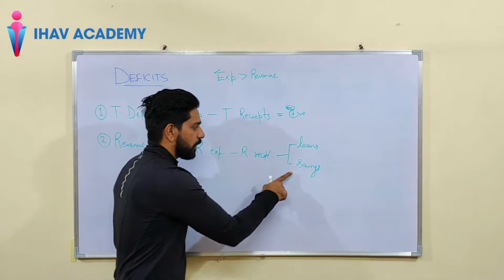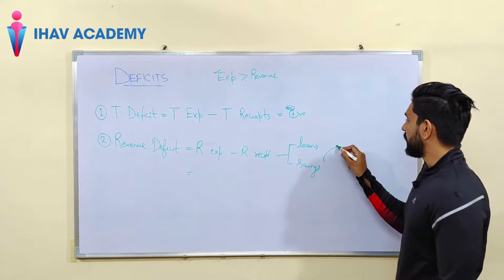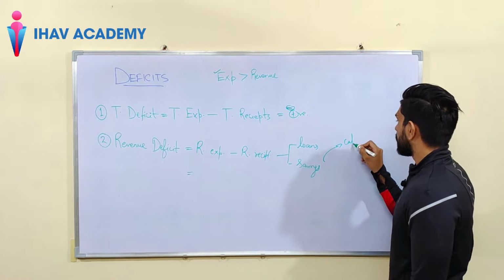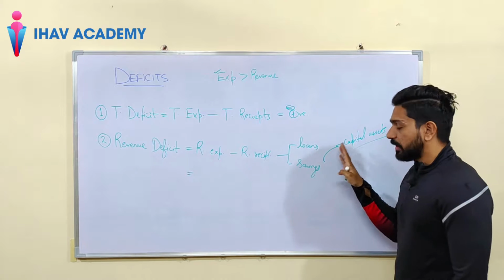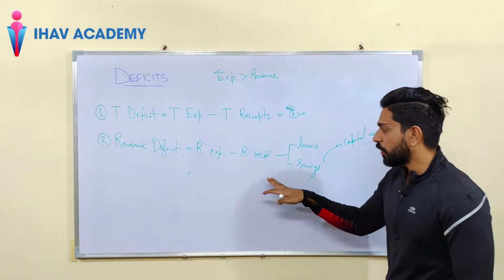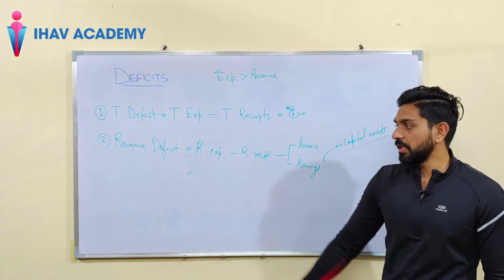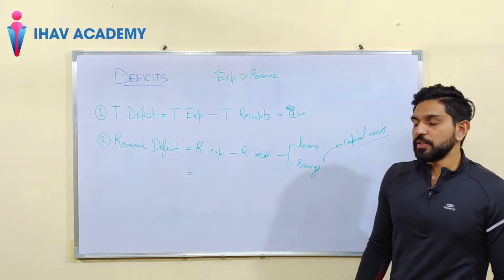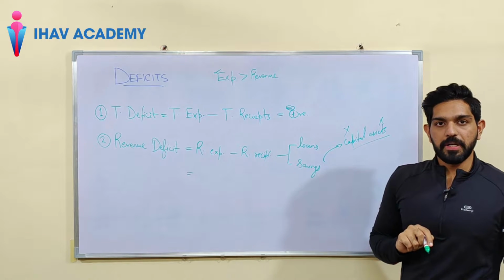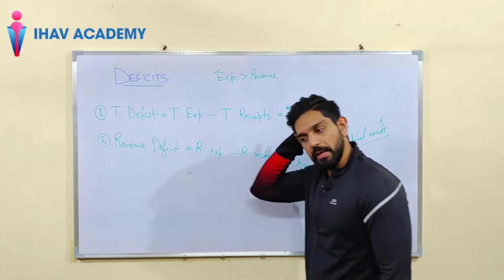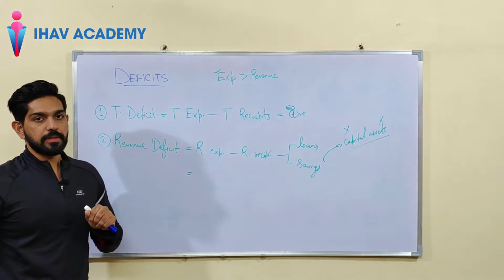Now as the government of India is using its own savings, which otherwise it would be using to create capital assets, these savings the government of India is infusing into deficit financing. किसमें? Revenue deficit में. So it will hinder the progress of development of our nation. Understood? So this is another bad or negative aspect of revenue deficit.